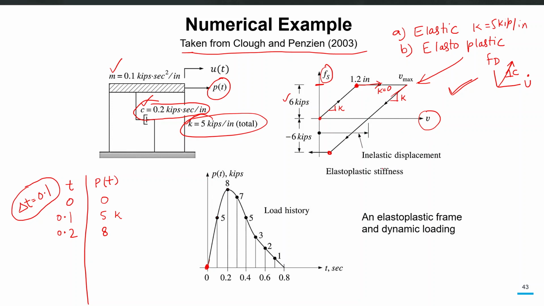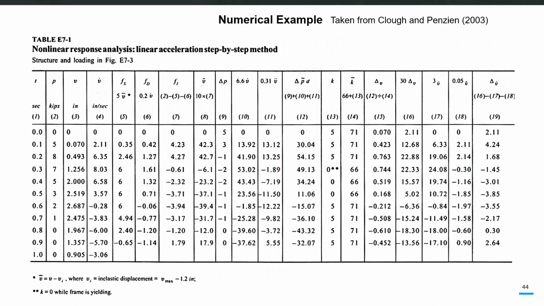So in the book you are given the solution for the elastoplastic system nonlinear response analysis, and it is in the form of a table. For all values of t and p of t, the calculations are done, and the values of delta u and delta u dot are calculated for all time instants, and they are added to the previous values to get the next u and next u dot for the next time instants.